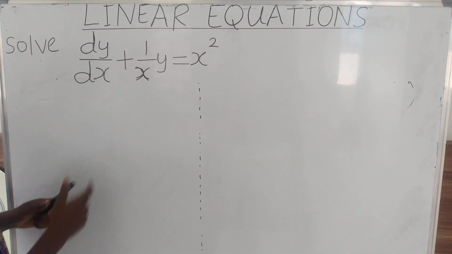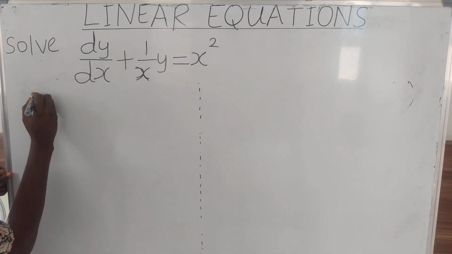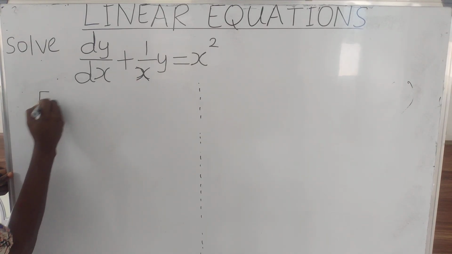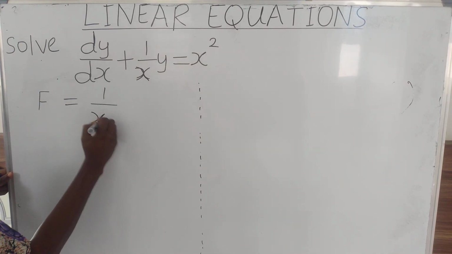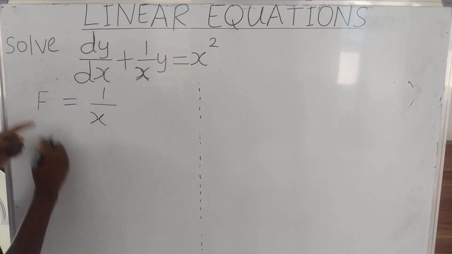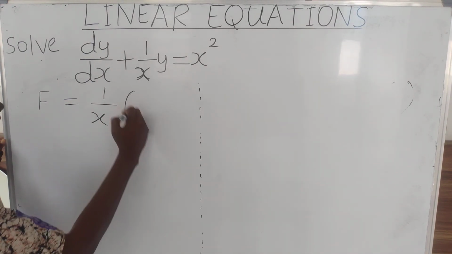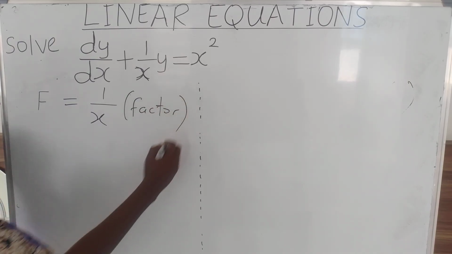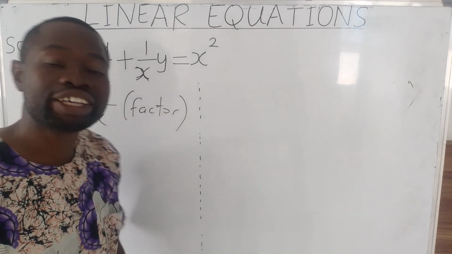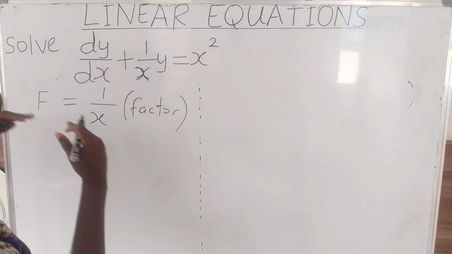In this case, it is 1 over x, so you can call it capital F is equal to 1 over x. We call it the factor. So the factor is the coefficient of the y variable. That's the first step.